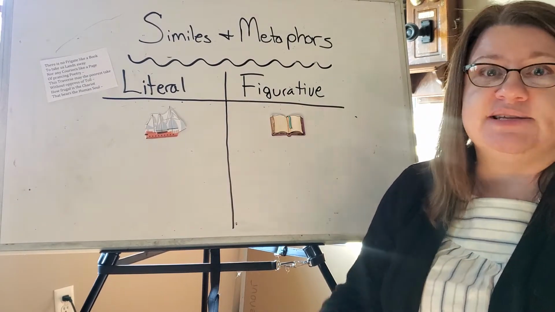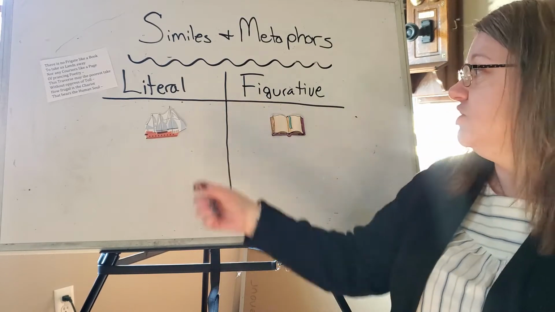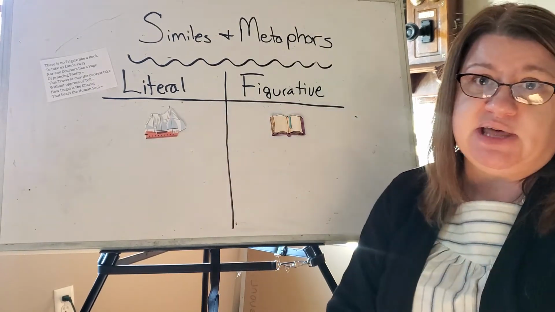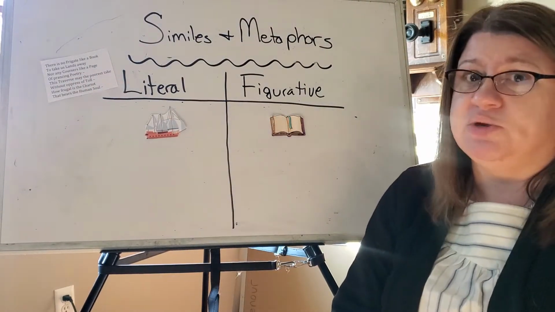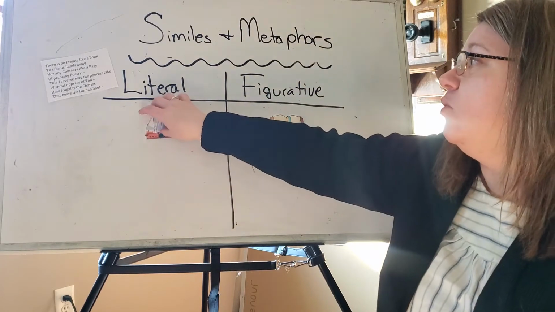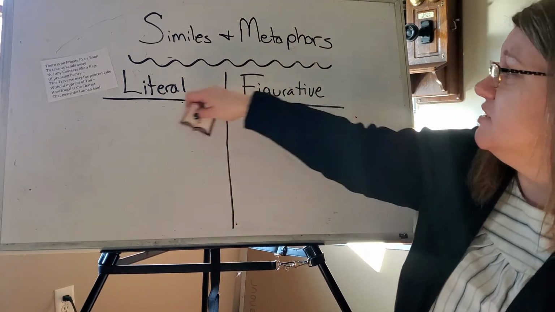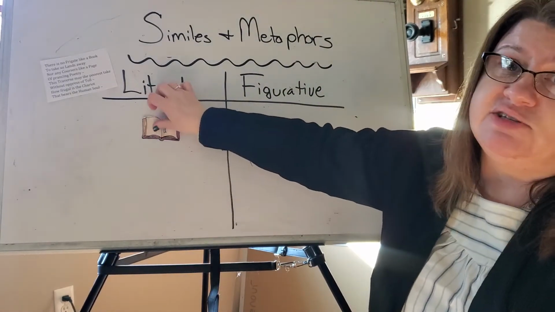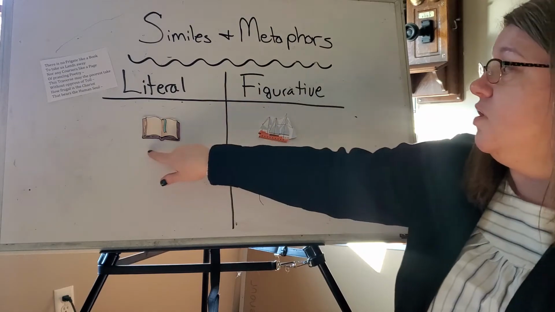So what's she trying to get me to understand? What image does she want me to have in my head? Does she want me to understand what a ship is like? Does she want me to understand what those horses are like? Nope. What she's describing to me is what it's like to read a book.